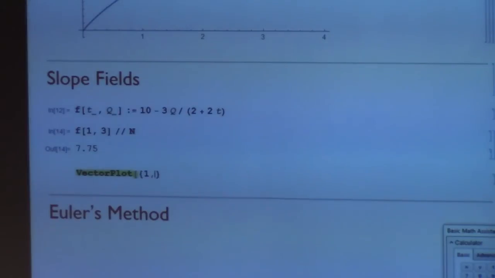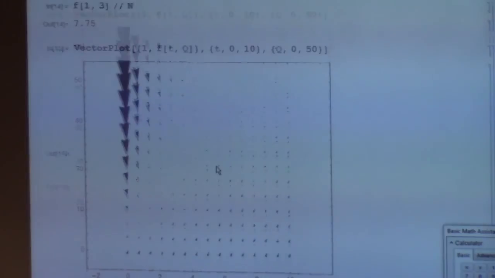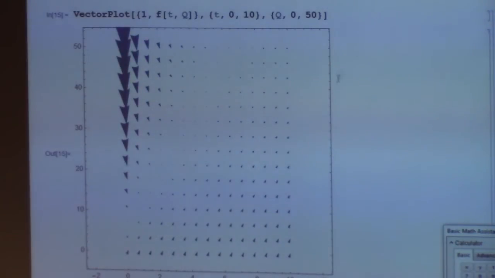The second entry for this list here is the right-hand side function, f of t comma q. Let t go from 0 to 10. Let q go from 0 to 50. There's the basic plot, though it doesn't look so nice. Let me do the extra things to make it look nicer.